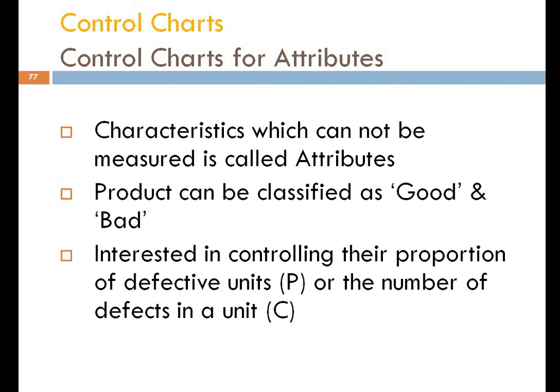It is a relative measure, as the firm defines the meaning of good and bad. When the firm has only one option, to classify goods as good or bad, or defective or not defective, then we use attribute charts. We are interested in controlling the proportion of defective units out of the entire lot, or the number of defects in a unit, that is, in a single unit how many defects there are. These are the control charts for attributes.